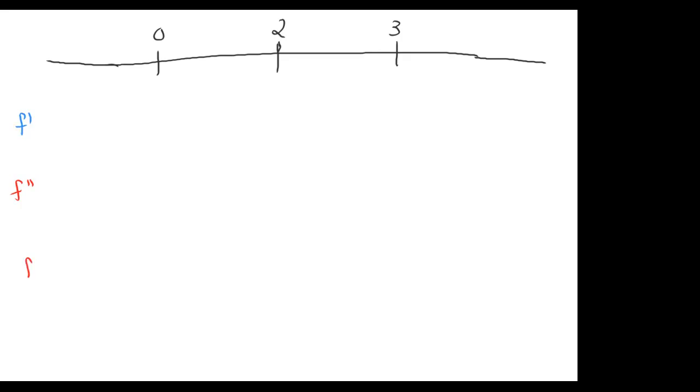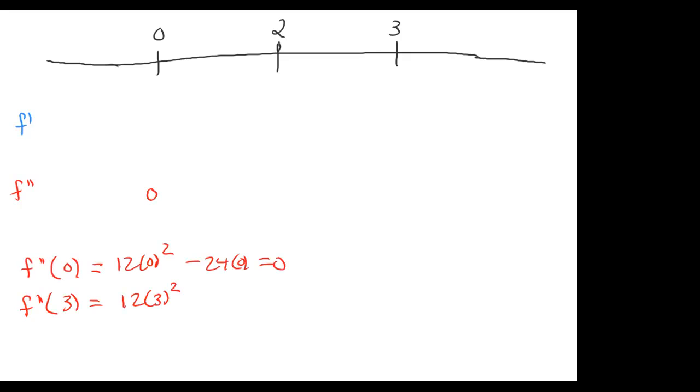f double prime of 0, one of the critical numbers, is equal to 12 times 0 squared minus 24 times 0, which is equal to 0. So the second derivative is 0 here. f double prime of 3 is equal to 12 times 3 squared minus 24 times 3.